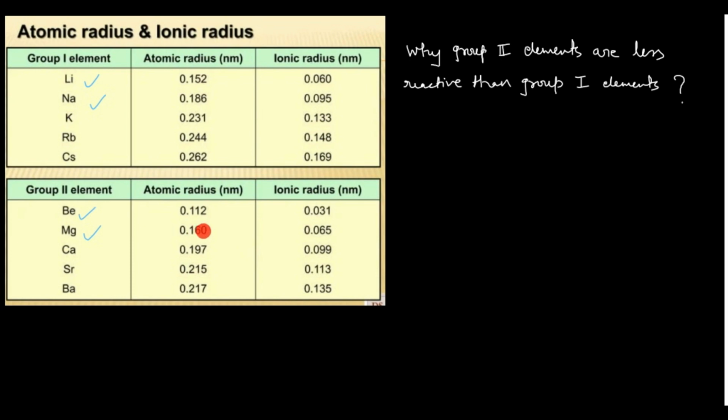Their size is smaller, so their effective nuclear charge is very high. These elements are rather reluctant to remove their electron to participate in the reaction. That's why their reactivity is lower than the group 1 elements. This again depends on the size and the effective nuclear charge, which is the very basic concept.